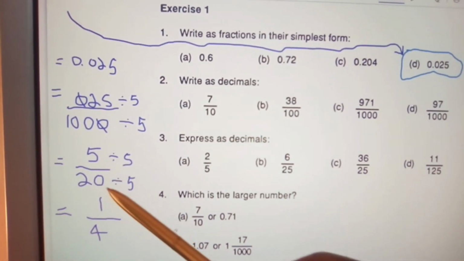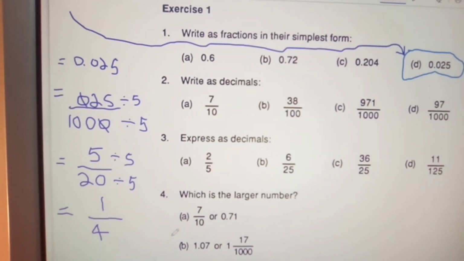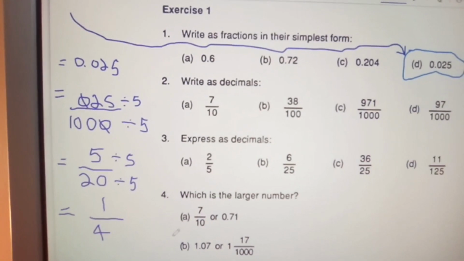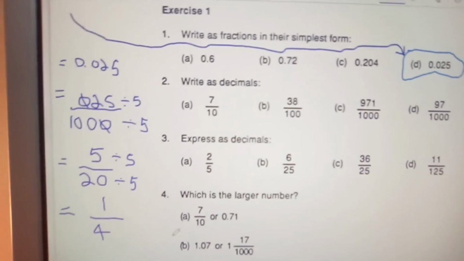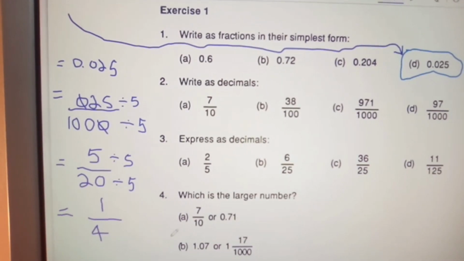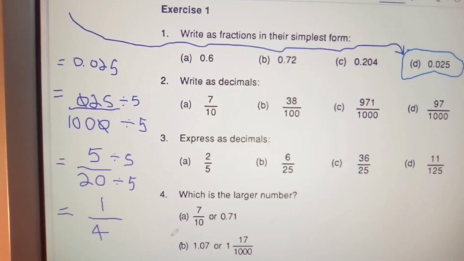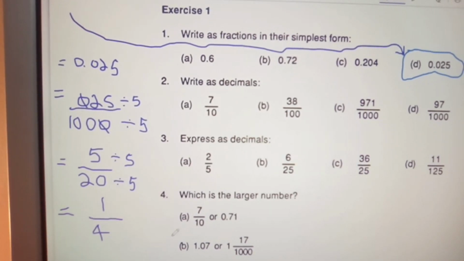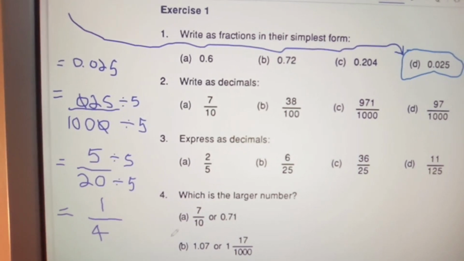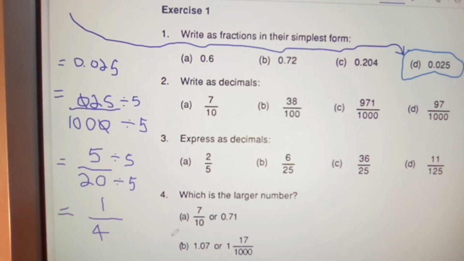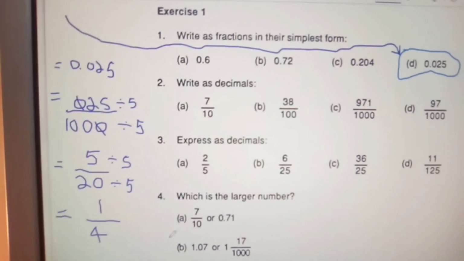But this is your simplest way of doing it. And I'm going to stick with the answer. If you have a different answer to what I have here, please do let me know. In this case here, I will simply cancel it out.